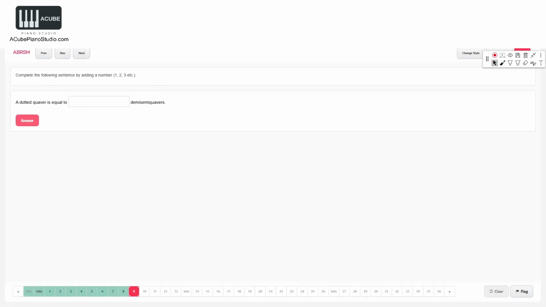A dotted quaver is equal to how many demi-semi-quavers? So this is a dotted quaver, right? This is how it looks. A dotted quaver is equal to a quaver plus a semi-quaver. And we know that a semi-quaver is equal to 2 demi-semi-quavers.